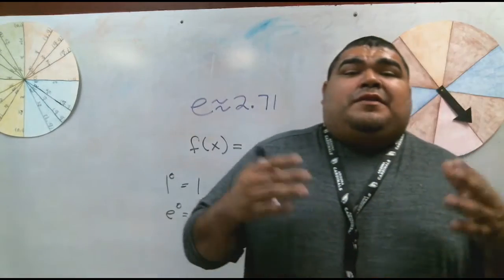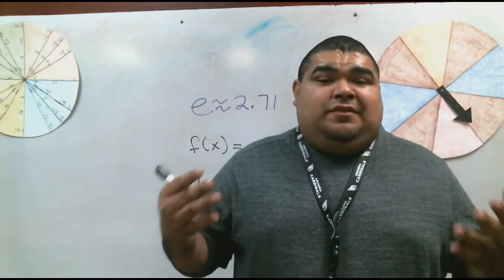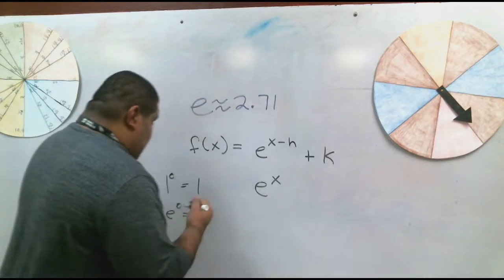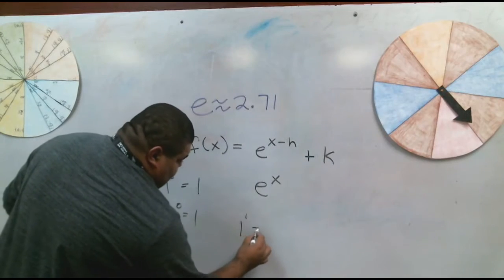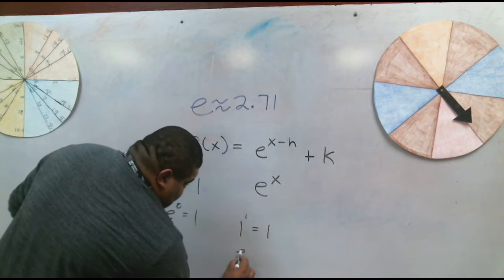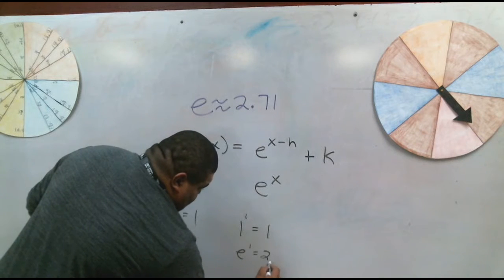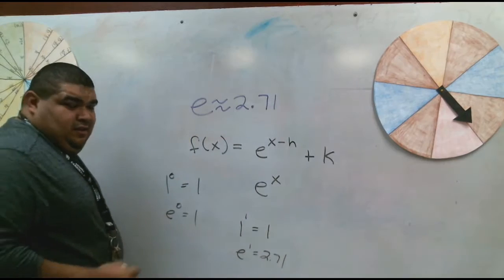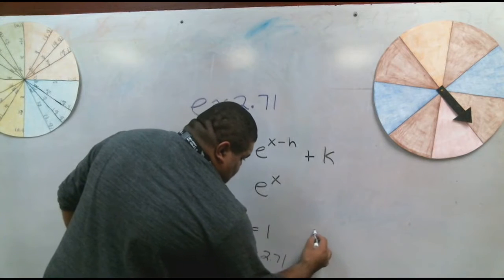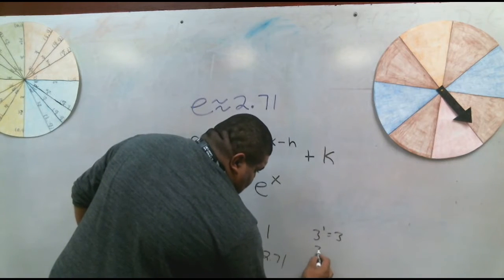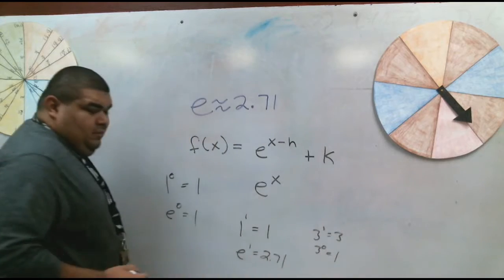If it's to the first power, then it's just the value itself. So 1 to the first is just 1. If it's e to the first, then it's 2.71. The same with any other number. 3 to the 1 is just 3. 3 to the 0 is just 1.